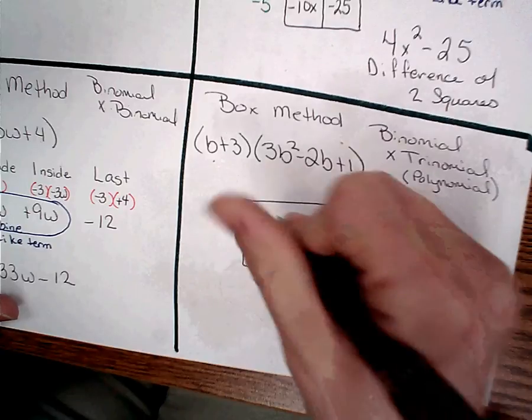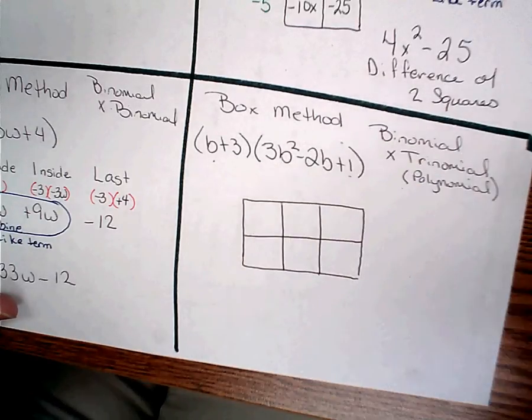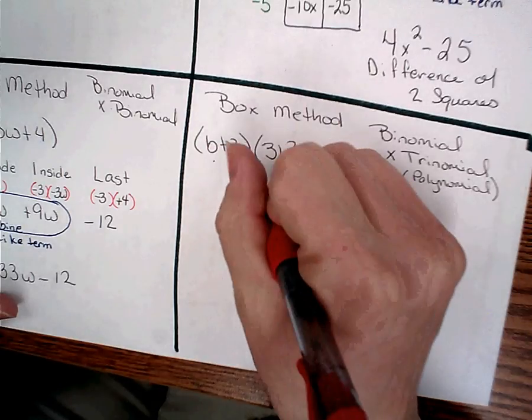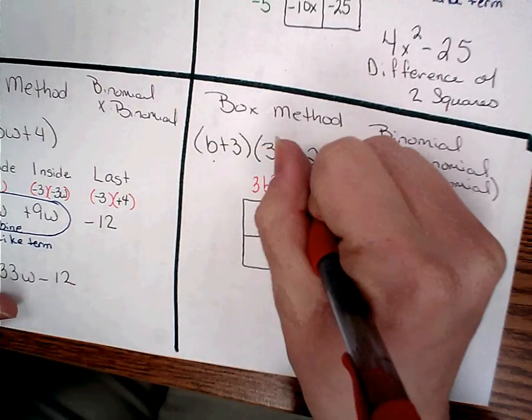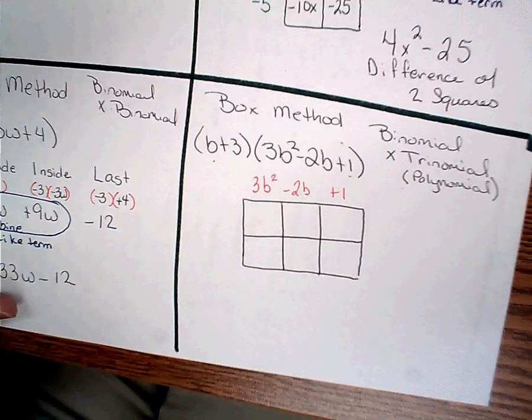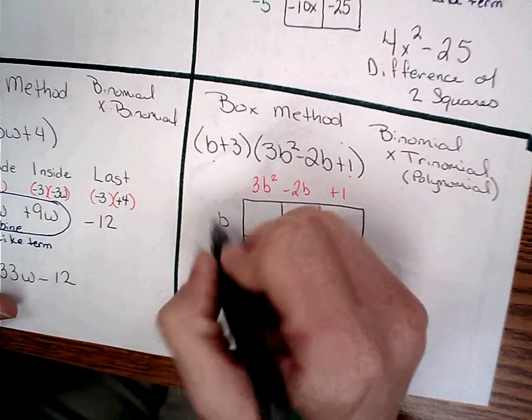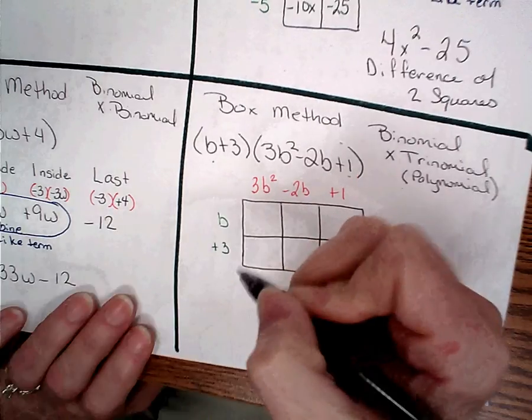My trinomial is going to go across the top, so 3b squared minus 2b plus 1. And my binomial is going to go along the side. So now we're going to fill in our boxes.